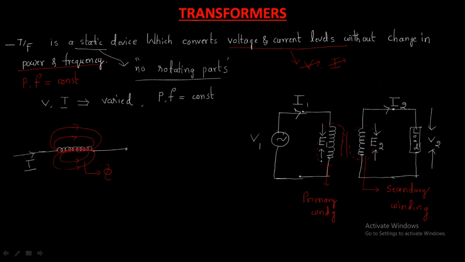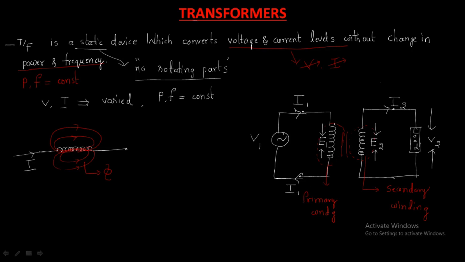A transformer simply consists of two windings. Look here. Whenever a single phase AC supply is given to one winding, it is called the primary winding. When a voltage source supply is given, the power is supplied from the source to the winding, and the current flows in this manner. This current is again I1.